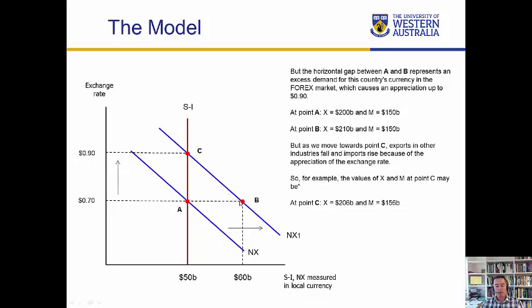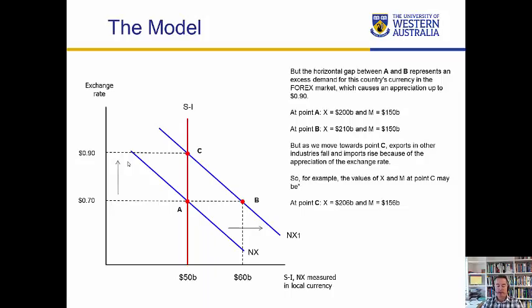Well, as we move from point B to point C, the appreciation of the exchange rate up to 0.9 is actually reducing exports in other industries. Probably not, if this is a mining boom, that appreciation of the exchange rate probably won't reduce exports from the mining industry that much, but it will be other industries that export that will be harmed by this appreciation.